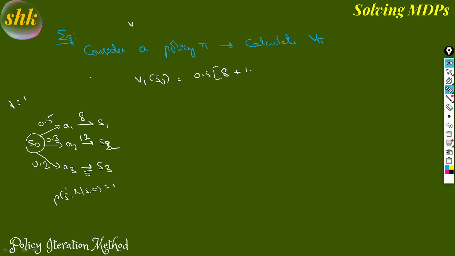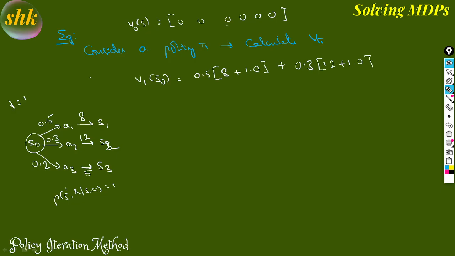As we considered the initial value for each and every state to be 0, V0 of S1 is also going to be 0. Plus, for taking action A2 from the S0 state, the probability is 0.3 multiplied with the reward 12 plus gamma value 1, and V0 of S2 is equal to 0.